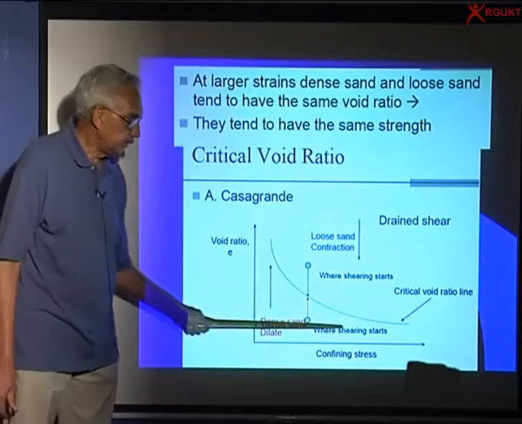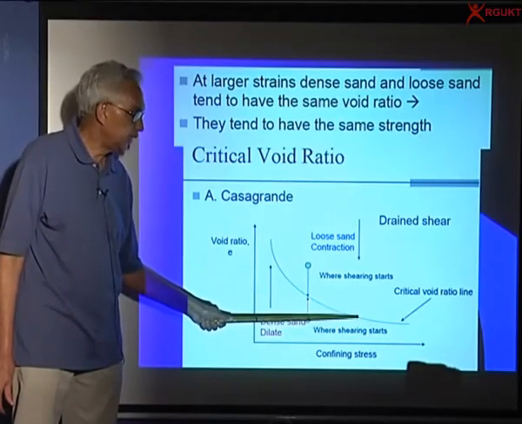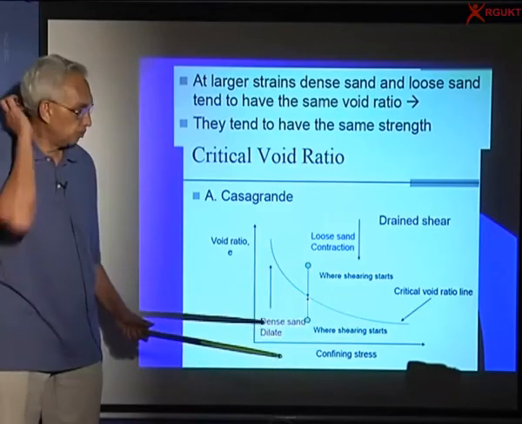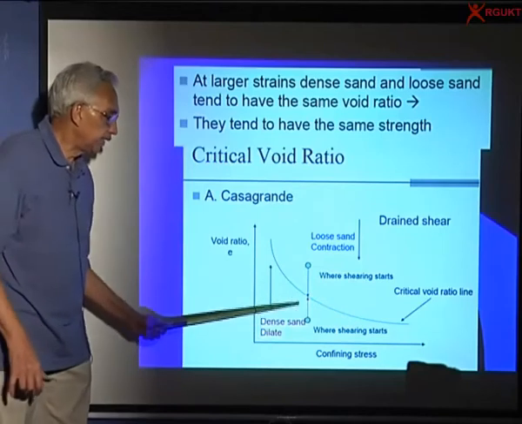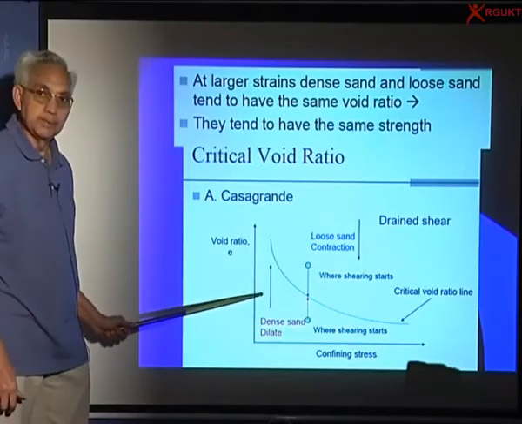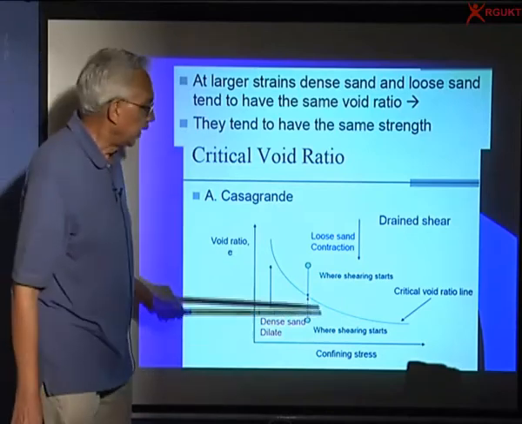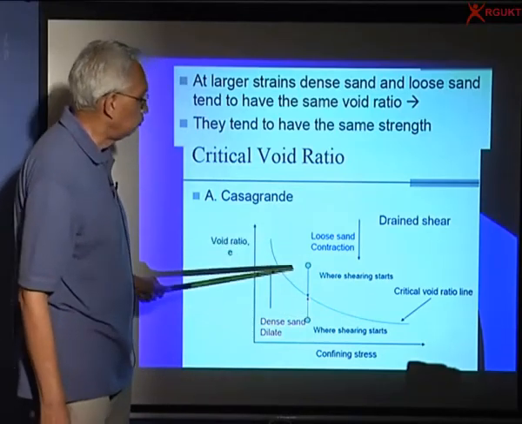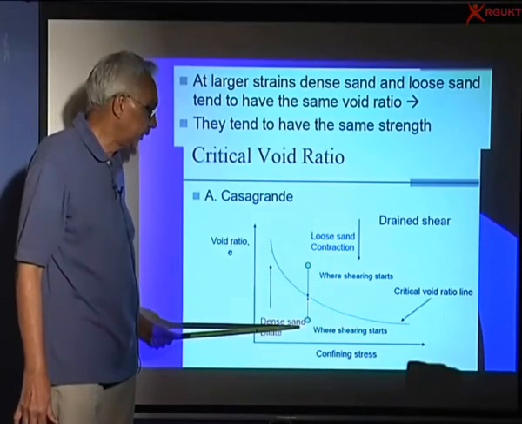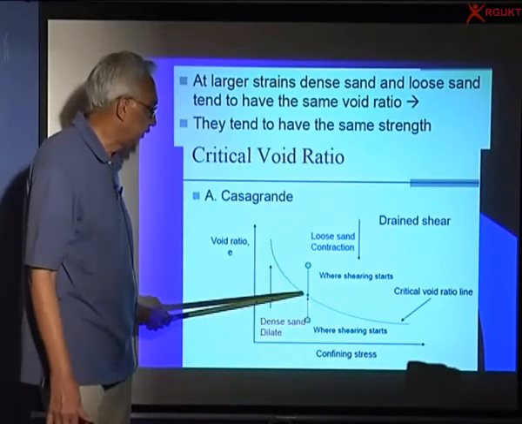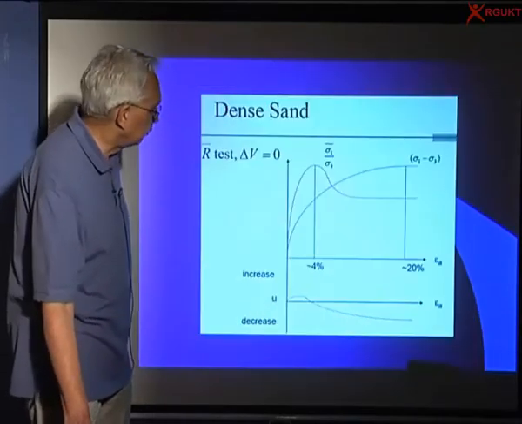As you increase the confining pressure, the dilation will be much less and the contraction will be more. So, as I said, dilation is significant only when you have dense sands and low confining pressures. And this is the critical void ratio. No matter what the initial state of void ratio is, loose or dense, at large strains you have a unique void ratio, which is called the critical void ratio.